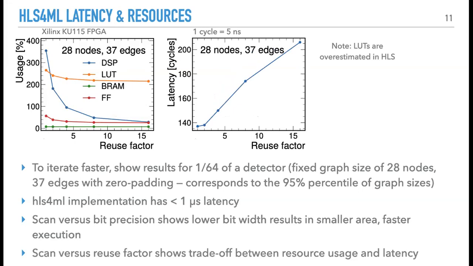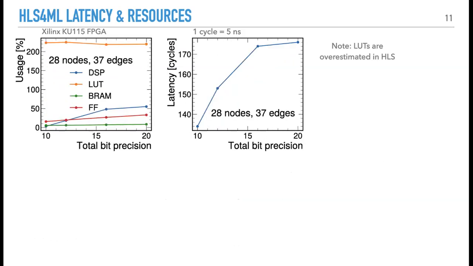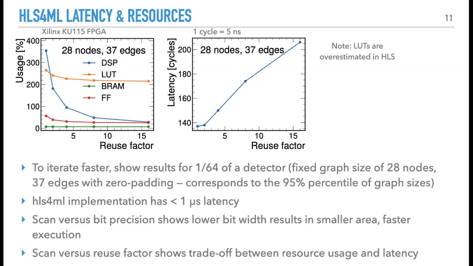Then we also scanned this same model with the reuse factor to see how we can reduce the resources that way. I should say the previous scan was done with a reuse factor of 8, so that's the specific reuse factor that was used there. If we also scan the reuse factor, you can see that as you go to higher reuse factor, in general, the resources go down.